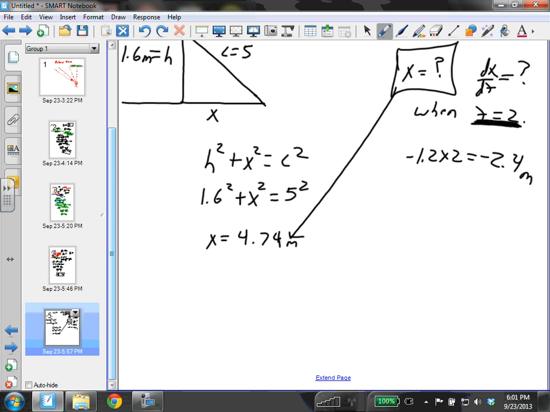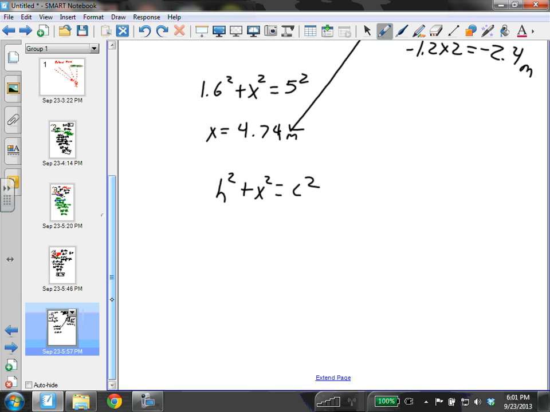Now finding dx dt is a little more complicated, and we actually need to take our formula, the Pythagorean theorem that we had set up, and in order to figure out the rate of change, we need a derivative.